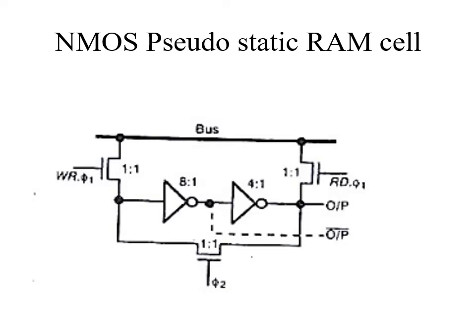So here the input is stored as it is. In the second inverter it is stored as gate capacitance in complementary form, and the output is fetched. This is regarding the write operation.